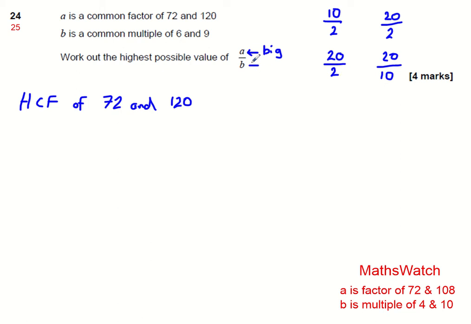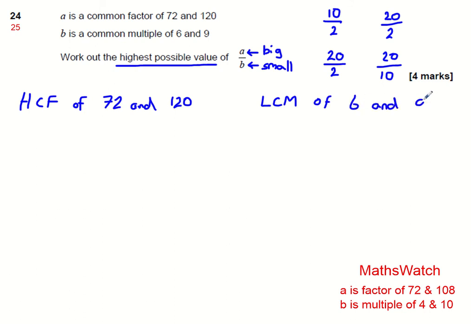So that number B needs to be as small as possible to make this whole calculation the highest possible value it can be. So if B needs to be small, we need a common multiple as small as possible, which means that we need the lowest common multiple, LCM, of 6 and 9.